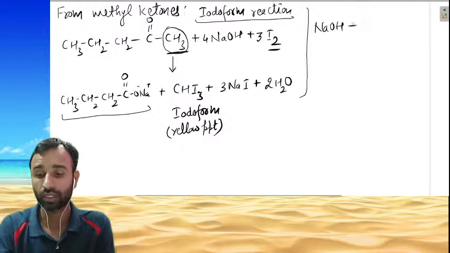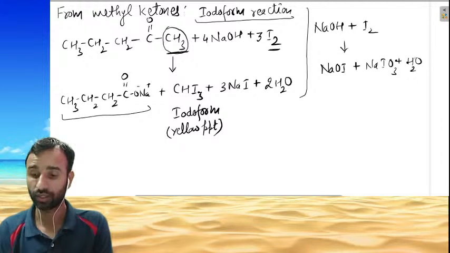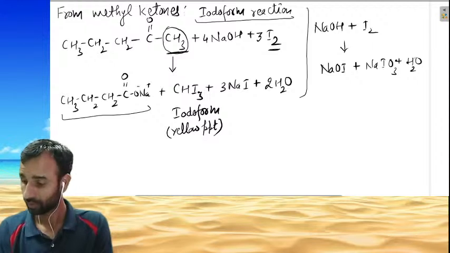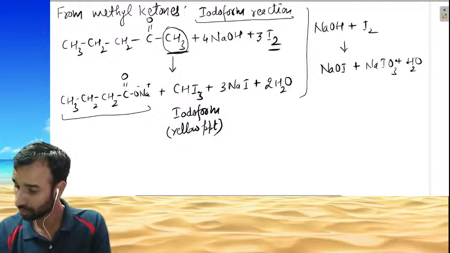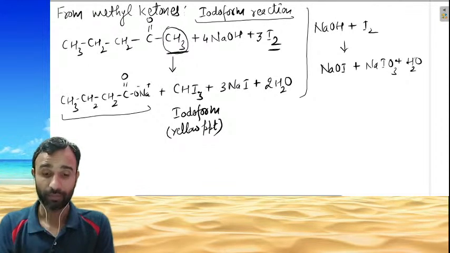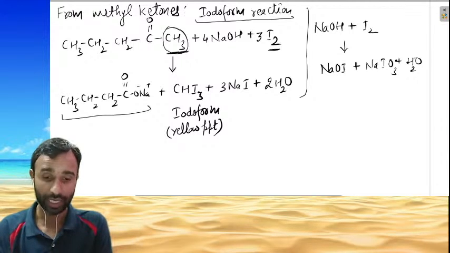NaOH is treated with iodine to give NaOI, NaIO3 and H2O. ठीक है, तो ये हो गया from methyl ketones by using haloform reaction.